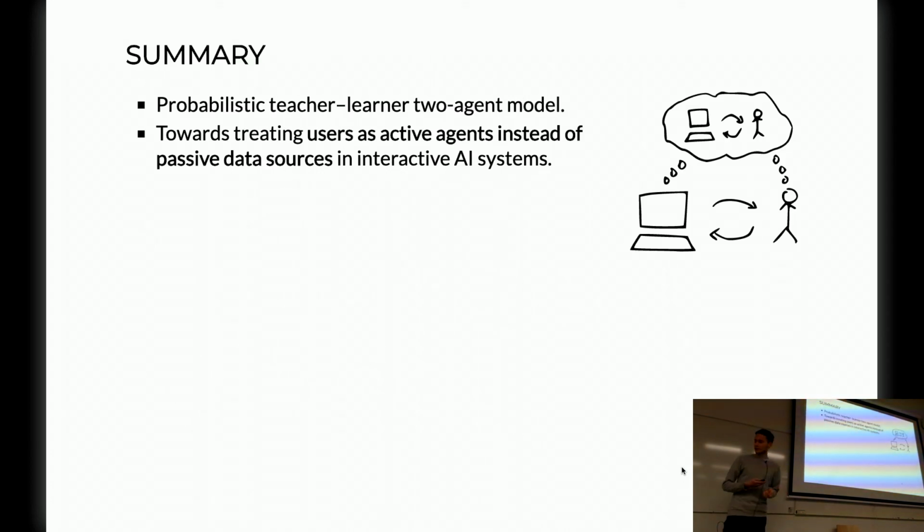So to summarize, I presented a probabilistic teacher-learner two-agent model, and our motivation was to use this towards user modeling in interactive AI systems, acknowledging that users are active and have mental models of the systems that they are using.